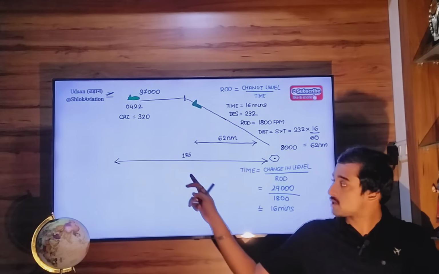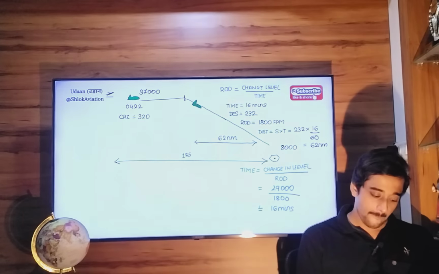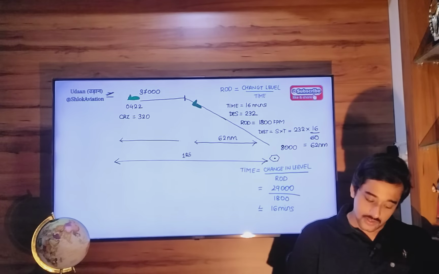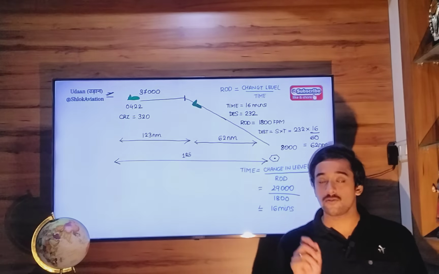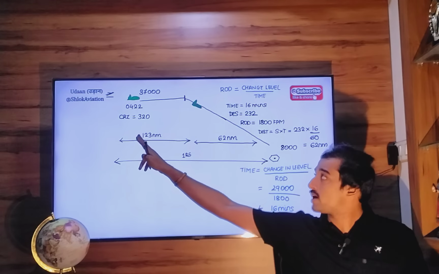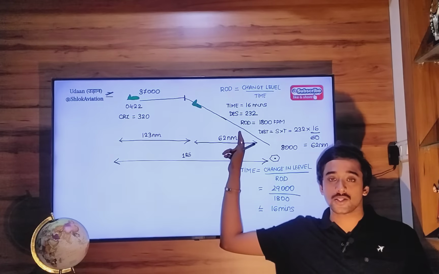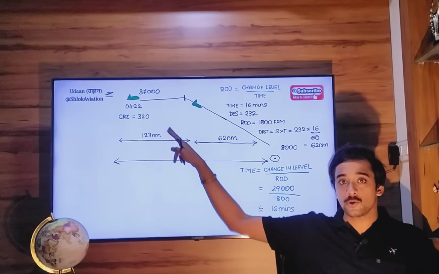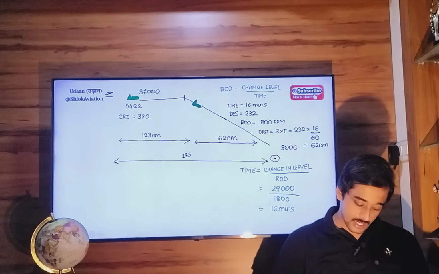So what is the horizontal distance remaining? 185 minus 62, that is equal to 123. So that means your aircraft will travel in straight and level flight for a distance of 123 nautical miles before beginning its descent phase of flight. So you know the cruise speed of your aircraft, you know the distance you have to travel straight and level. Now you can calculate time.